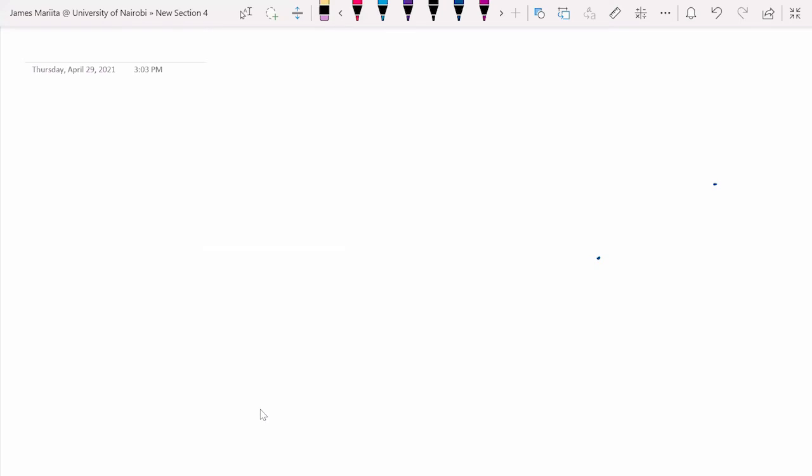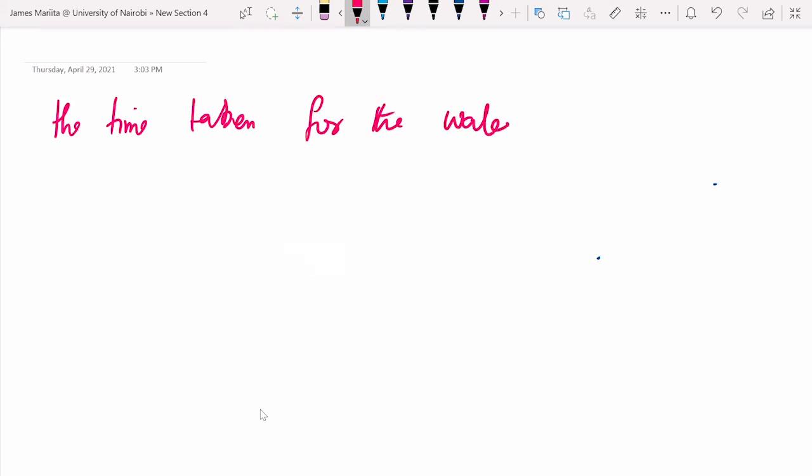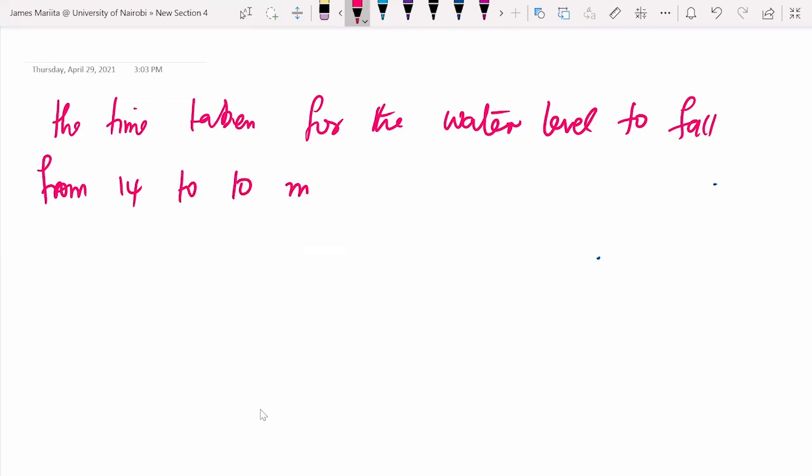So the question was, estimate the time taken for the water level to fall from 14 meters to 10 meters above the sluices.